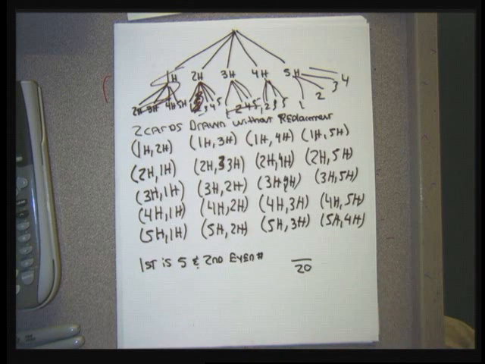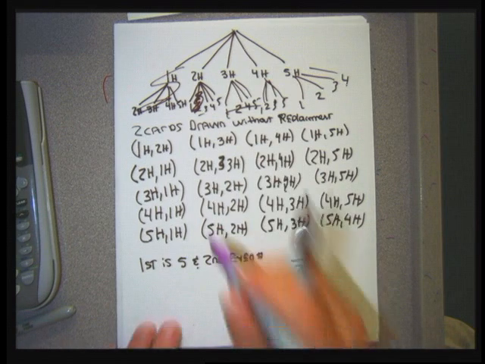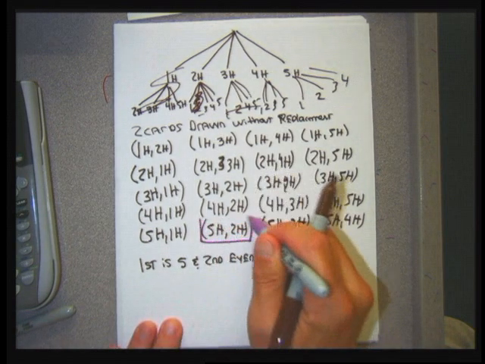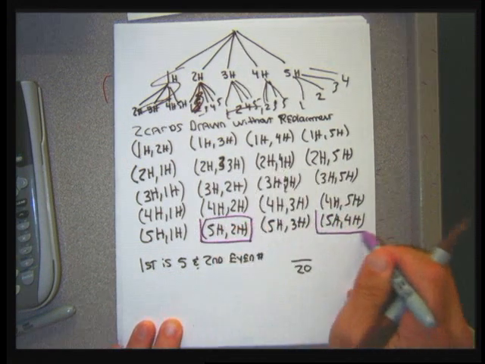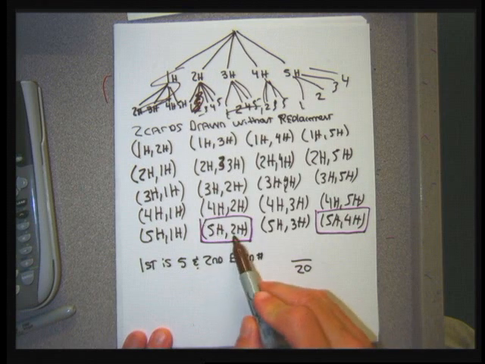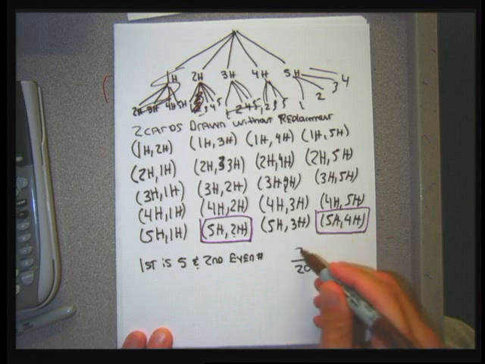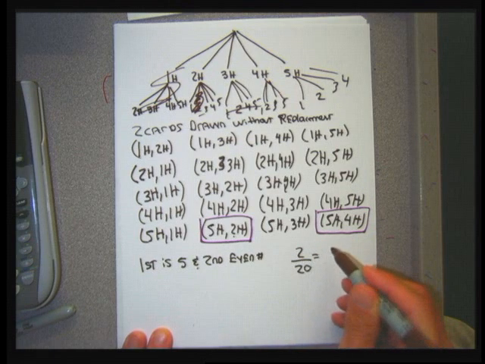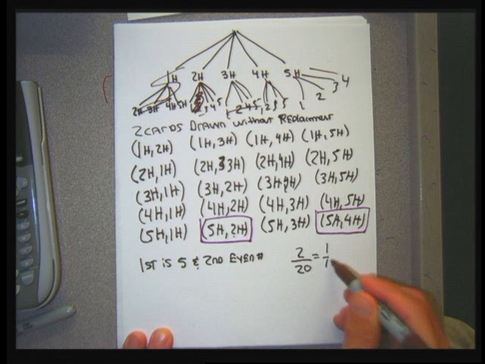So the numerator is going to be anything that has the first number of 5 and the second number even. If I go through my sample space, that's this here and that there. Those 2 items in the sample space have the first number of 5 and the second number even, because 2 isn't even, 4 is even. So I say the probability is 2 in 20, and I'll reduce that to 1 in 10.